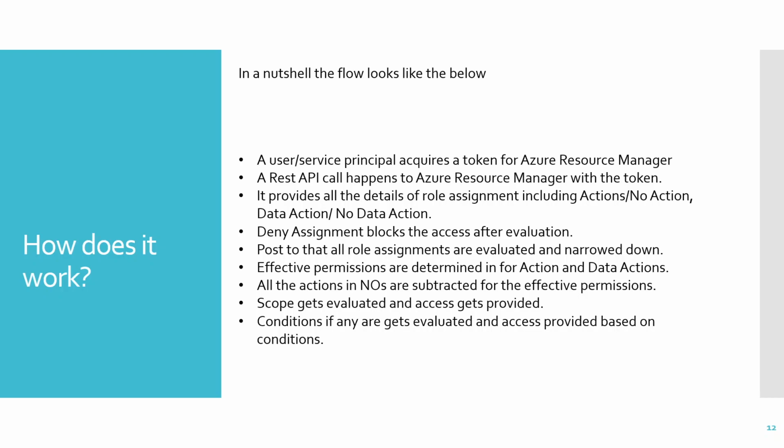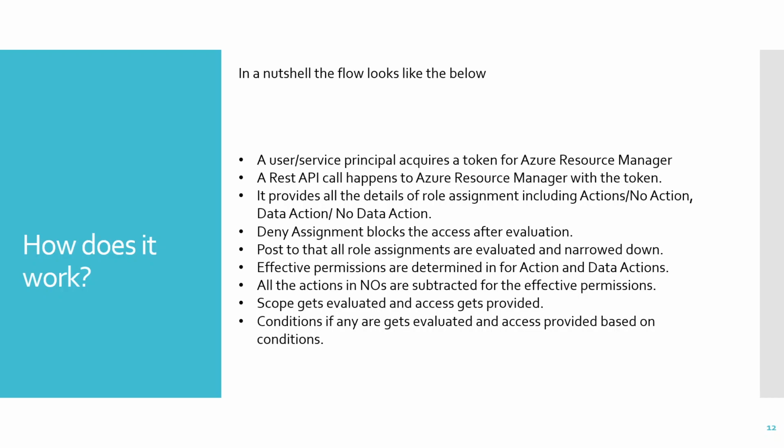Now, what Azure Resource Manager does for that particular user is provide all details of role assignment, all the role assignment metadata. We have already discussed that in the metadata you have scope, actions, data actions, no actions, no data actions. It starts from the deny assignments box, so that is how it gets evaluated. Once deny assignments, which the user cannot access, are evaluated, the actions and no actions, or the data actions and no data actions, get evaluated.